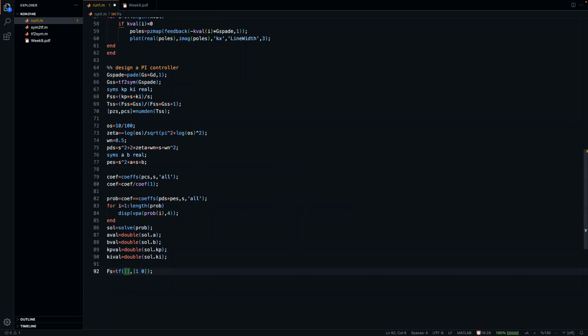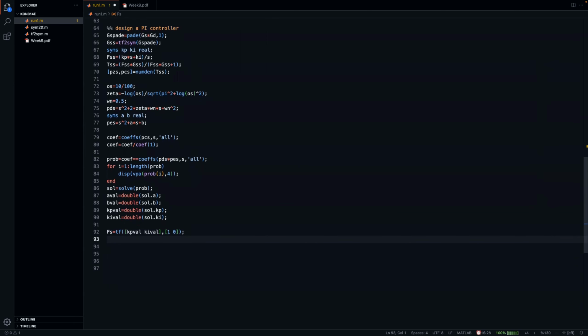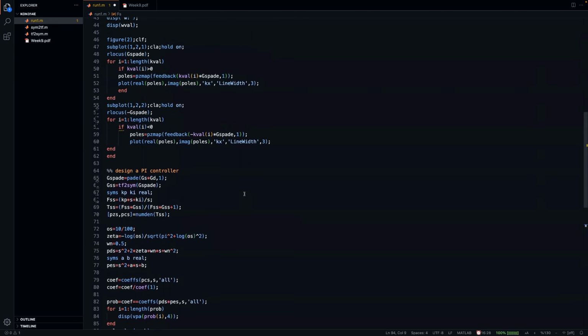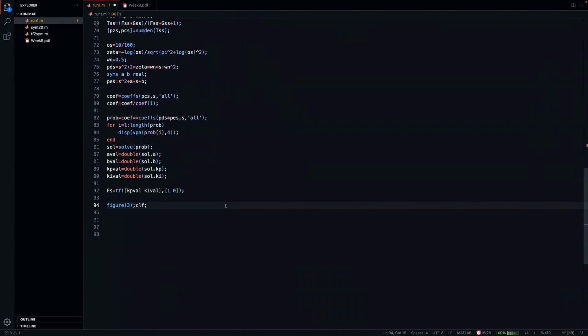Now, let's define kp_val and ki_val. At this point, I am going to use the PuTTY approximation, but keep in mind it's just for comparison, and I need to look at the actual system. So do we have 3 figures? Yep, nice. Hold on, grid on, title, step response of the closed loop.